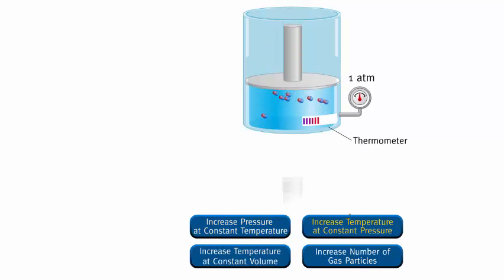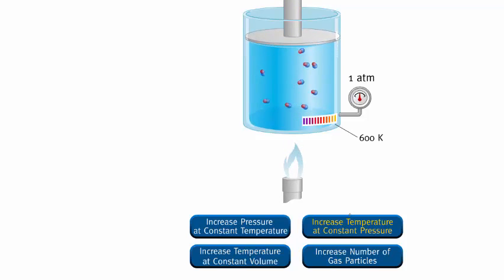Let's use a Bunsen burner to increase the temperature of the gas. As the temperature of the gas increases, the volume that the gas occupies increases. In other words, volume is directly proportional to the temperature of the gas. We can write volume equals K times temperature, where K is a proportionality constant.